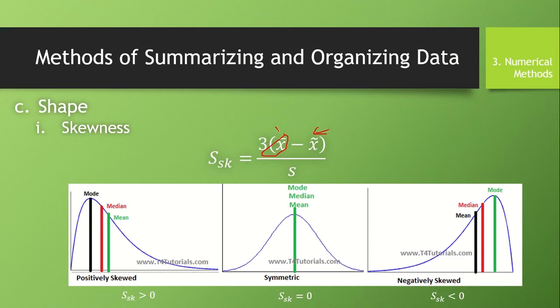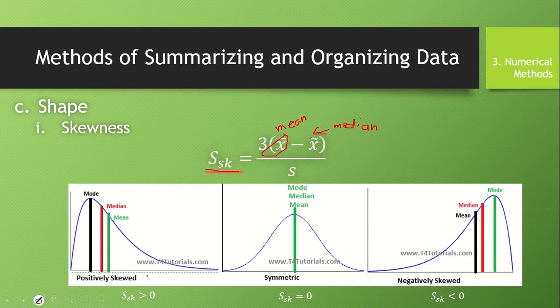So whether you have grouped or ungrouped data, you just need to use the mean and median of the grouped data, or the mean and median of the ungrouped data, to get the skewness of our data.